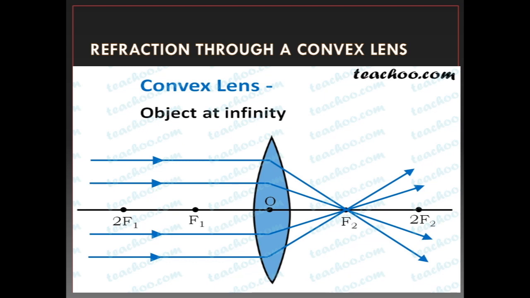This is the object at infinity. So here the size of the image is smaller than that of the object. If we look at the real image formed at this place, the size of the image will be smaller than the size of the object.